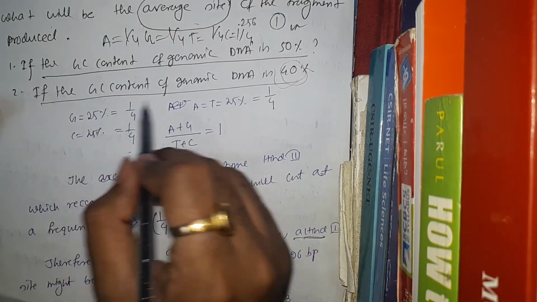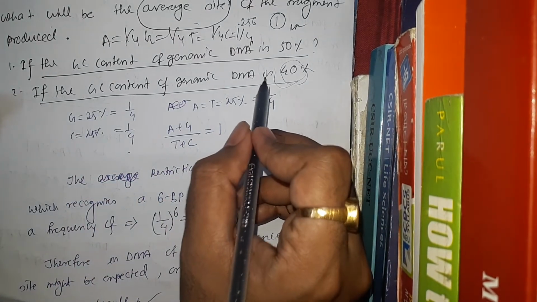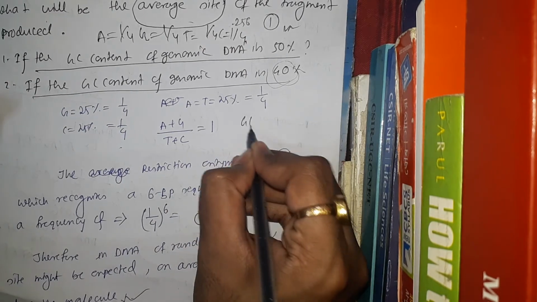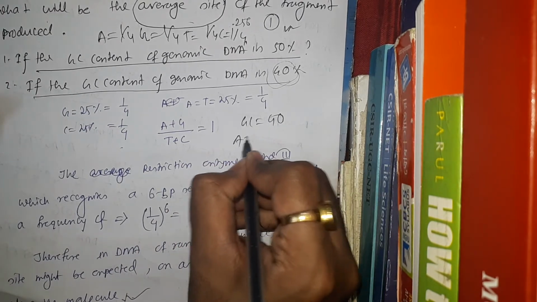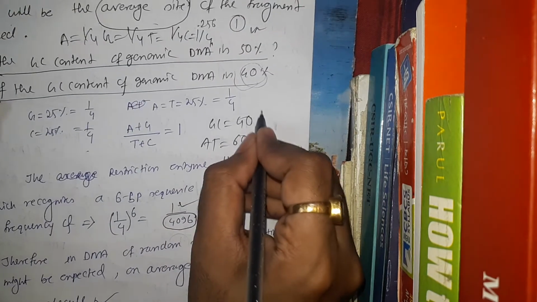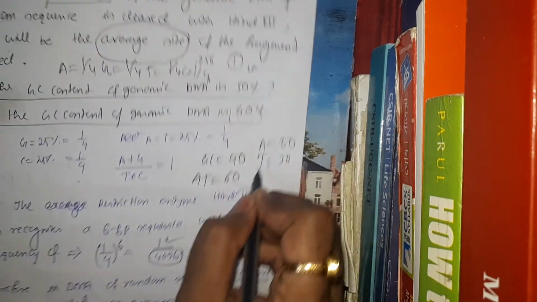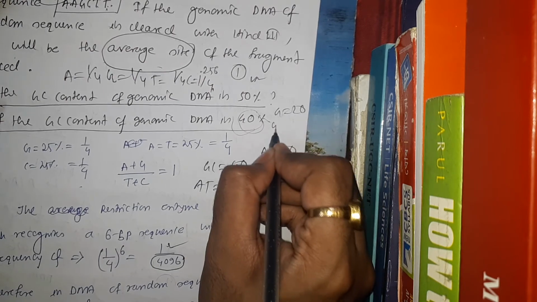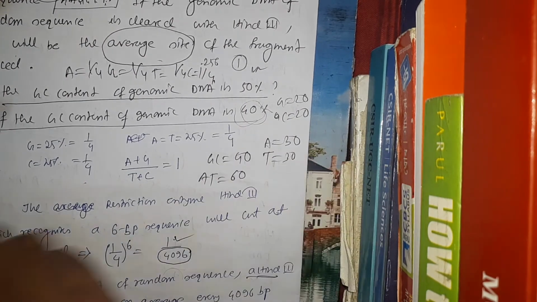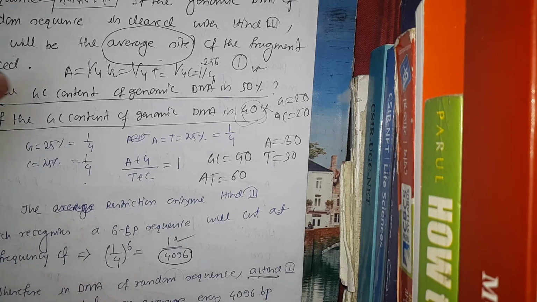Now again, if the GC content of genomic DNA is 40%, that means AT content is 60%. That means the composition is A 30, T 30, G 20, C 20. I hope it is clear to you.